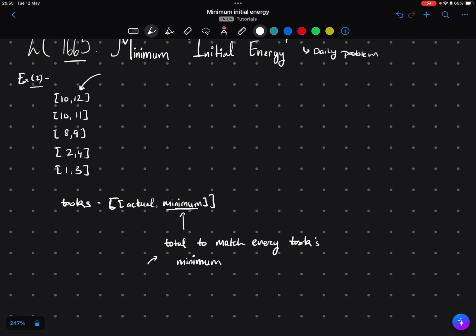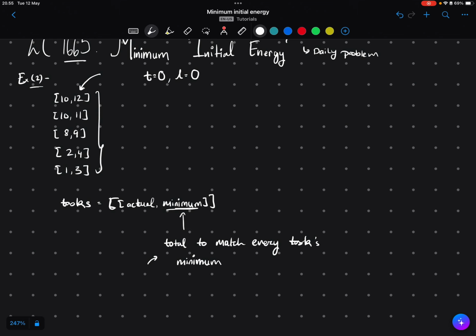The first one I went with was sorting it like this. The trick carries over to the next approach, but the reason this one doesn't work is that you don't get the optimal approach, which is the greedy version. So we consider our total, I'll write down a total of 0, and we start with a leftover of 0. You haven't done any tasks, so you don't have any leftovers.